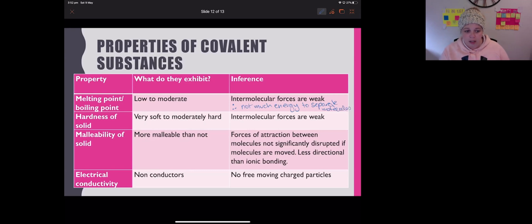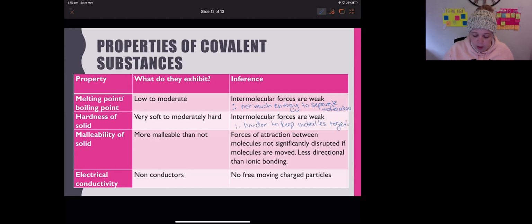That's a nice explanation there. Why aren't they very hard? Again, those intermolecular forces are quite weak. So therefore it's harder to keep molecules together. So they're soft. They can be easily moved around on top of each other.